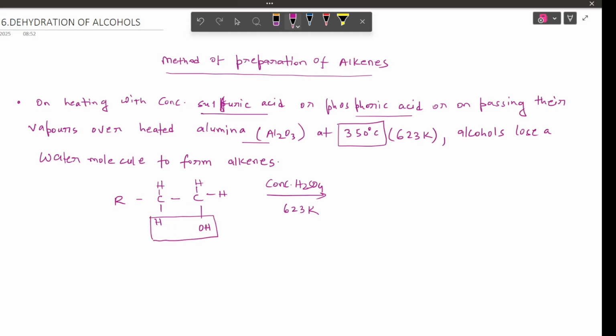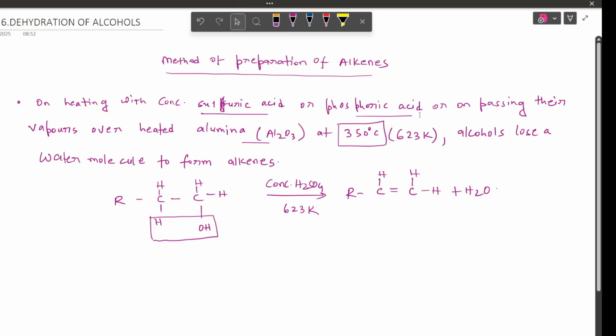This H and OH will go out. So it will be R CH double bond CH H plus H2.